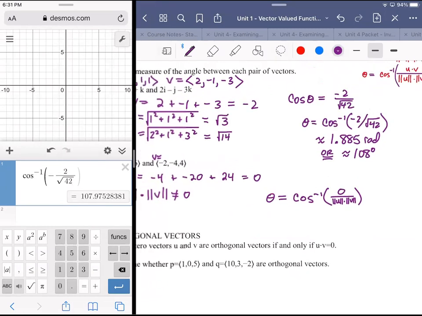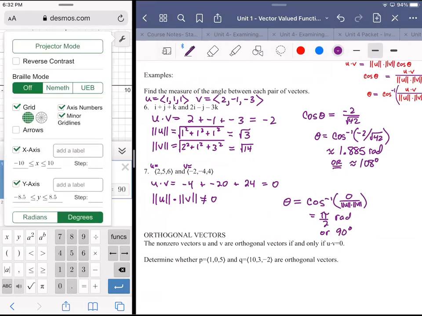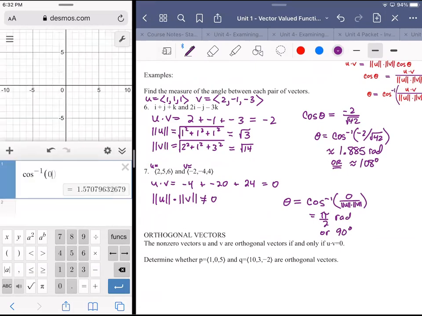And in this case, we're talking pi over 2 radians, or 90 degrees, just by knowing your unit circle. But maybe you don't. So you just put it in 0 over whatever. All right, go back into radian form. Pi over 2. All right, pi is 3.14. This is half of that. So there you go.